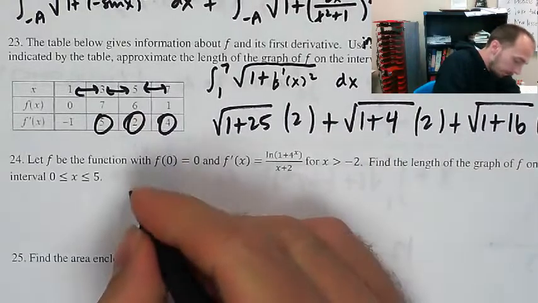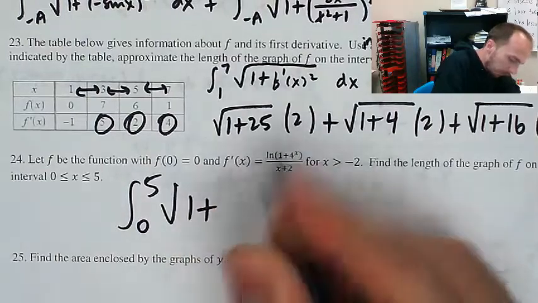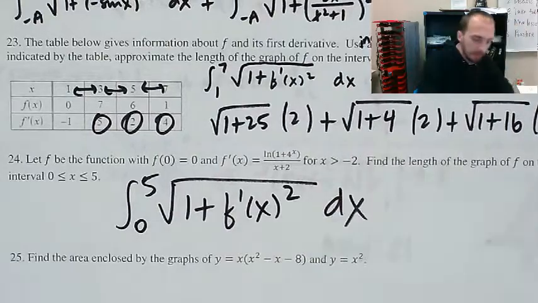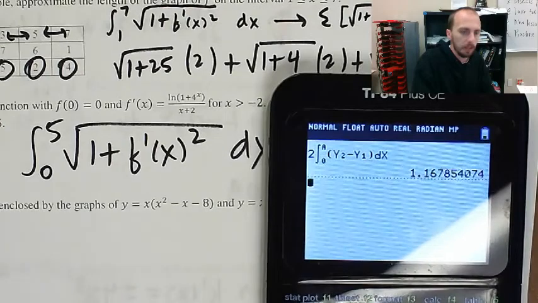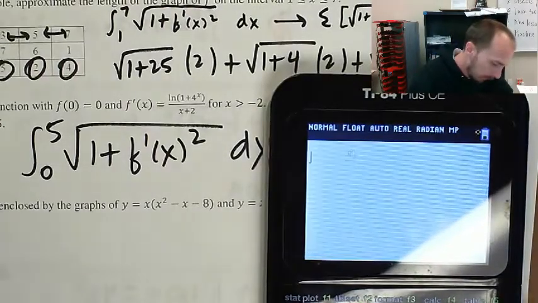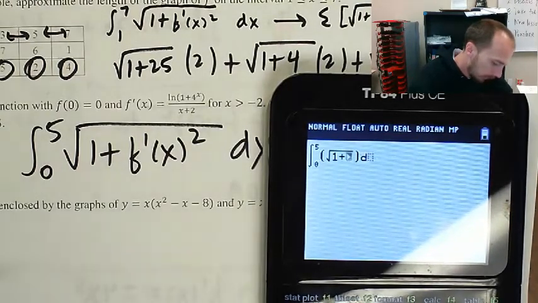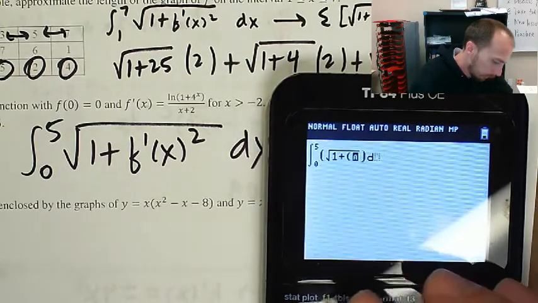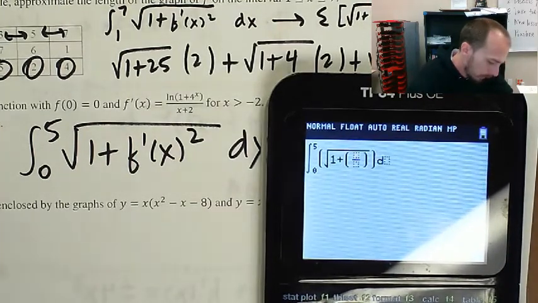Anyway, we're just going to go 0 to 5. Integral from 0 to 5 of the square root of 1 plus f prime of x squared dx. We can do this. Let's get that in here. So the integral from 0 to 5 of the square root of 1 plus, okay, put the fraction bar in there.